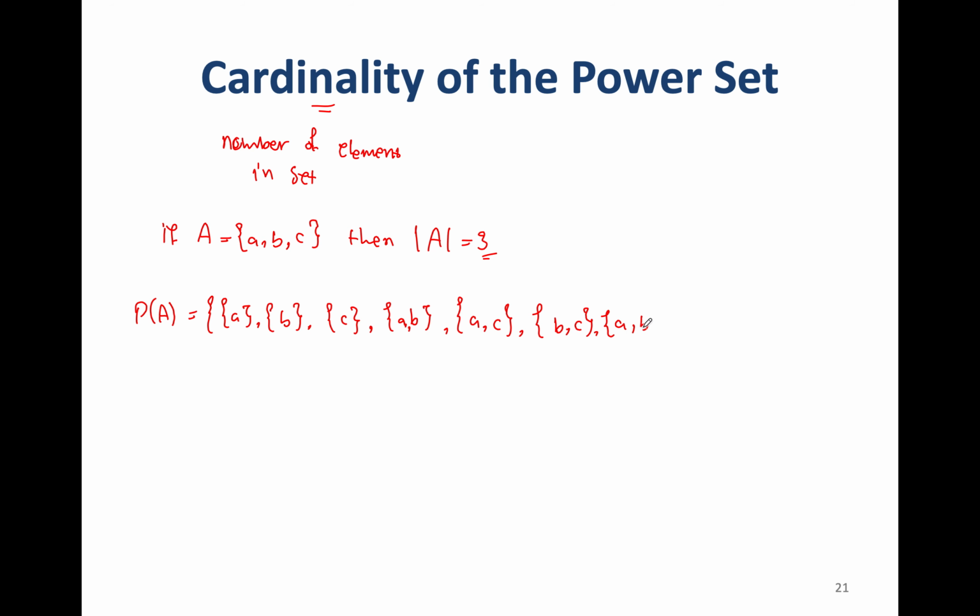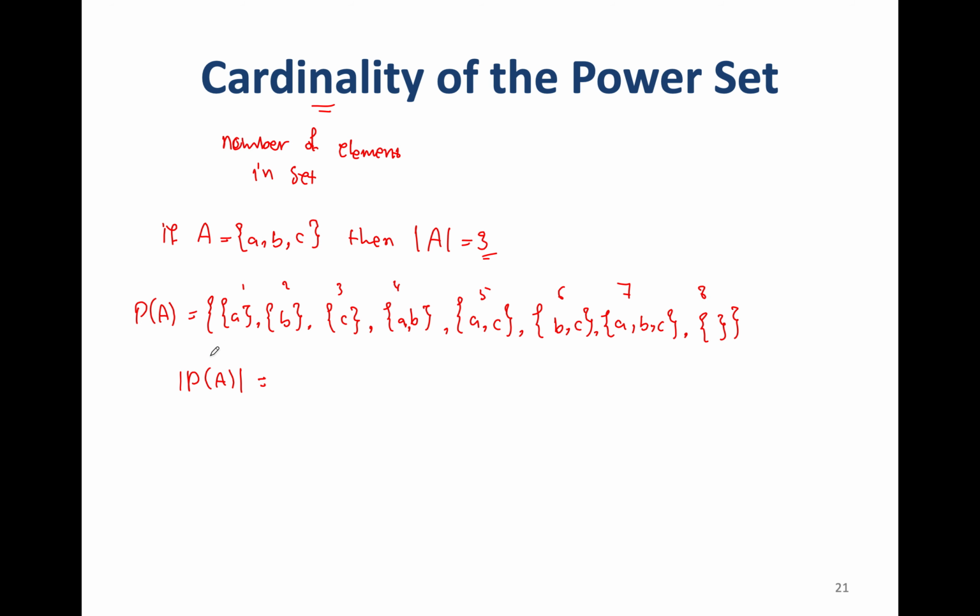Then every set is a subset of itself, so {a, b, c}, and every set has the empty set as a subset. So if we are checking the cardinality of the power set, you can see here that they are 1, 2, 3, 4, 5, 6, 7, and 8.